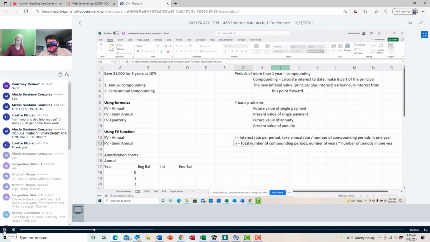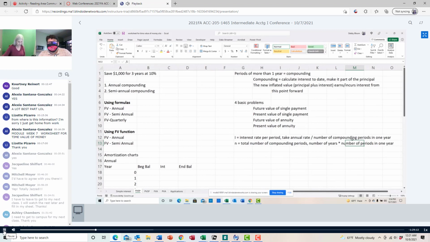For example, if I was talking about a 5-year car loan, I would take 5 years and multiply it by 12 because I make 12 payments a year on a car loan. So 5 times 12 would be an n of 60. I would have 60 total payments. Everybody good? Questions? Okay, we're ready to go.